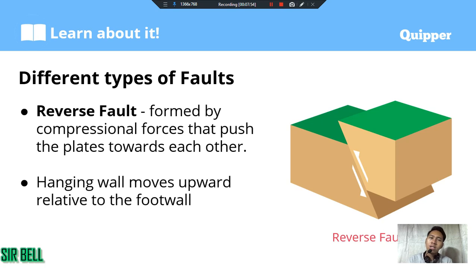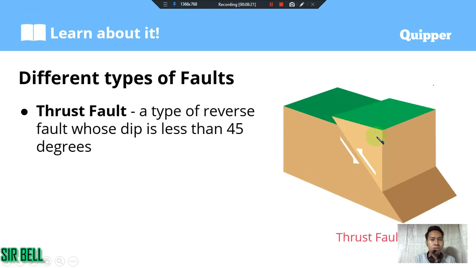For normal fault, it is caused by tensional forces or tensional stress, wherein the different blocks will move away from each other, whereas reverse fault is formed by compressional forces and then it moves towards each other. If you can see clearly on the arrow, it represents how reverse fault moves.